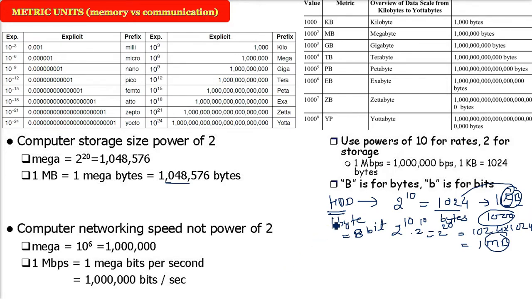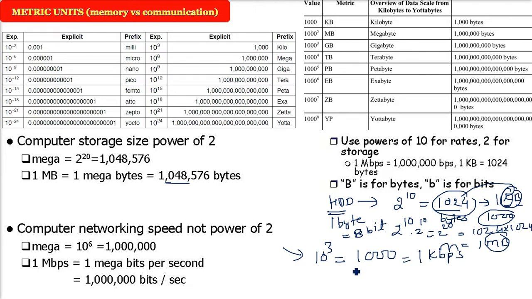Now when it comes to networks or communication, we talk about the data rate, where the small b comes in, for bits. Here it is not a power of 2 but a power of 10. The power of 10 is used in computer networking speed, not the power of 2. For example, 10 to the power 3 is 1000, and this is 1 kilobit per second, with a small b in bps.